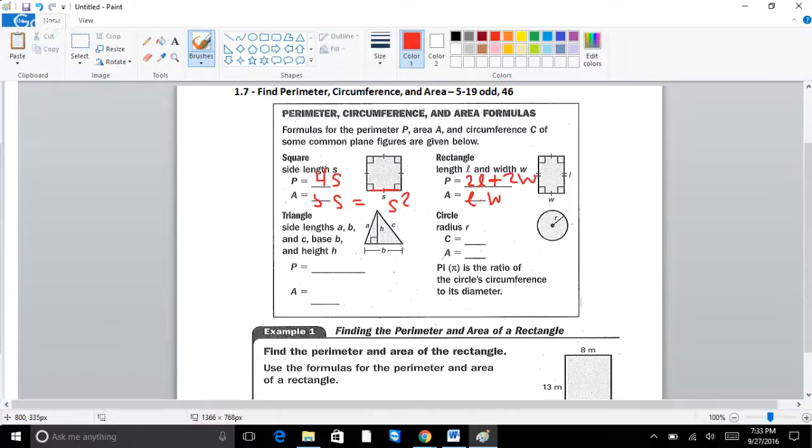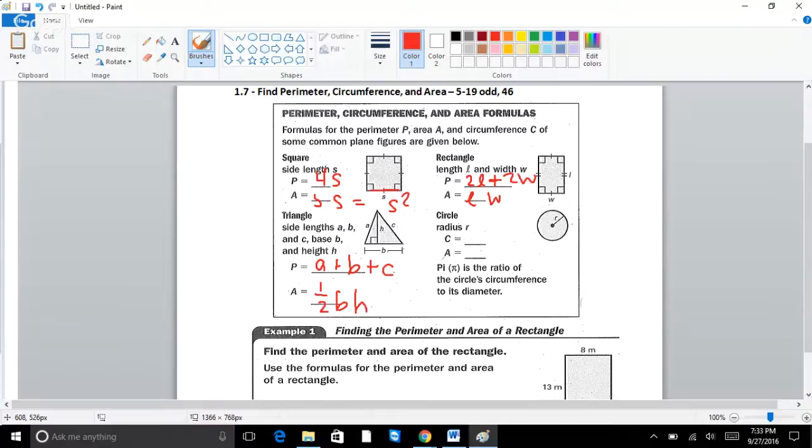Okay, triangle, the perimeter of a triangle, so we have a triangle with sides A, B, and C, and it has a height of h. So the perimeter is going to be side A plus side B plus side C. And the area is 1/2 B, which is the base, times H, the height.